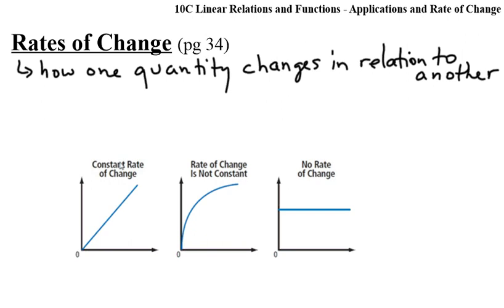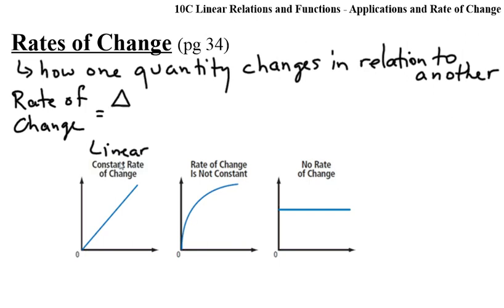A constant rate of change, which we see is linear. If we have a linear, we can calculate the rate of change for a linear situation. And we calculate it by doing the change, which is what a triangle means in math, change in our dependent variables over change in our independent variables. And we'll look at that a little bit moving forward, but that's rate of change.